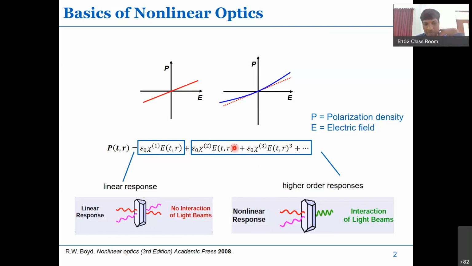To make it very simple, at least from the multiphoton absorption point of view, you are passing two lasers through a material, a crystal, you can take it. If the photons of these two lasers don't interact, and there is no interaction between the light beams, then it is called linear optics.